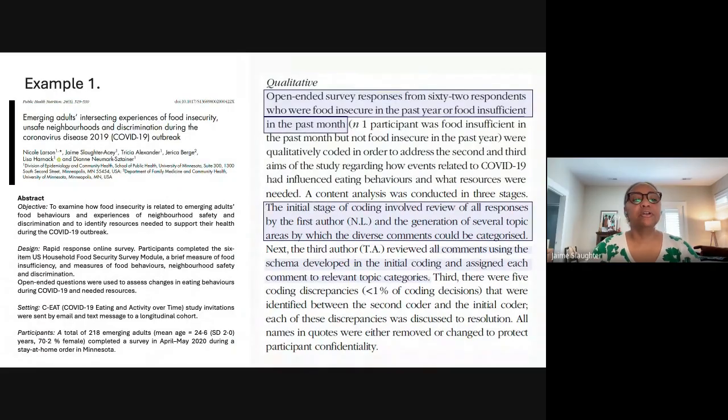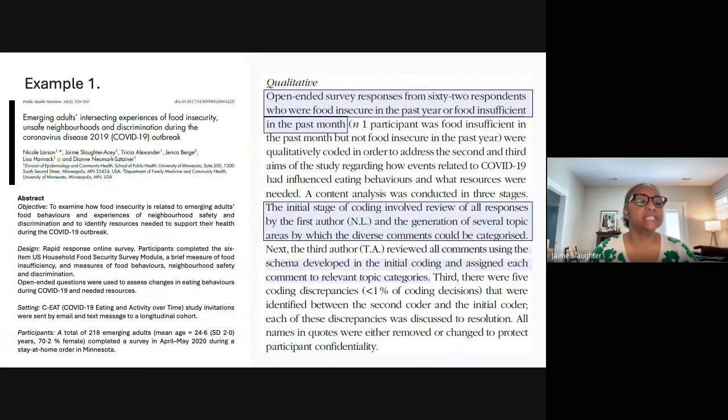So in this first study, during the pandemic, we were interested in looking at food insecurity among emerging adults. So these are individuals between the ages of 18 to about 25, 26.